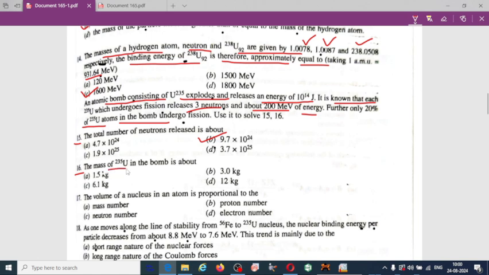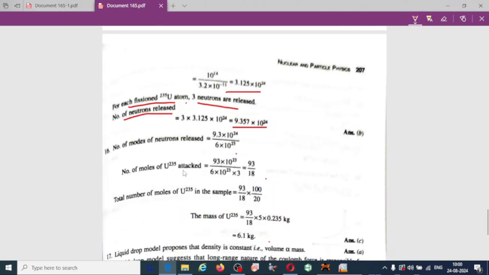Next question, the mass of uranium-235 in the bomb is about. So how much mass of uranium-235 is there? So number of moles of neutrons released is, with the help of the answer of the previous question, you should divide it by 6 into 10 to the power 23. So number of moles of uranium-235 attacked, and multiply with 3 neutrons in the denominator.